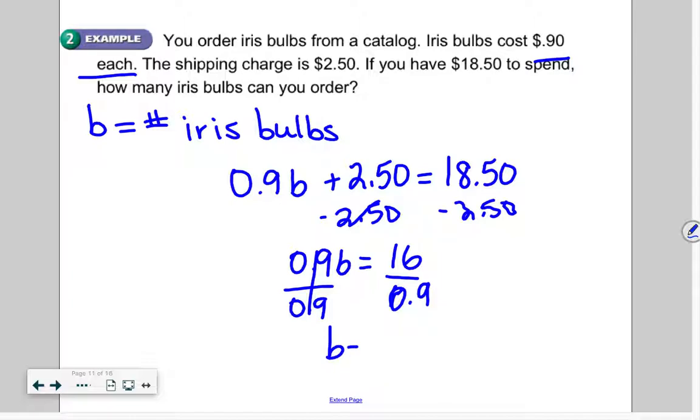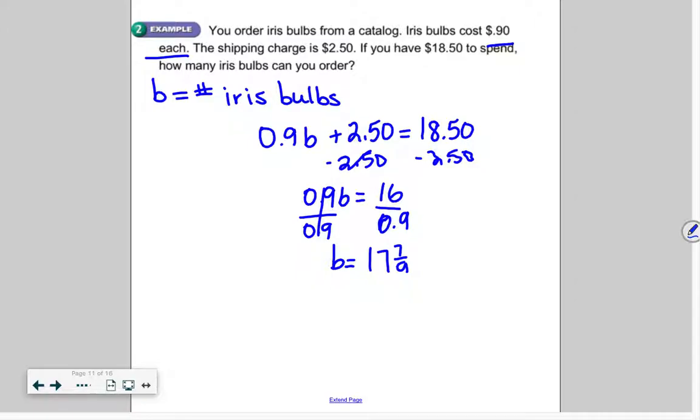B is going to equal 17 7/9. It actually comes out to be 17.7 repeating. Can you really purchase 7/9 of an iris bulb? So the question says, how many iris bulbs can you order? 17. You're only going to be able to order 17 iris bulbs.